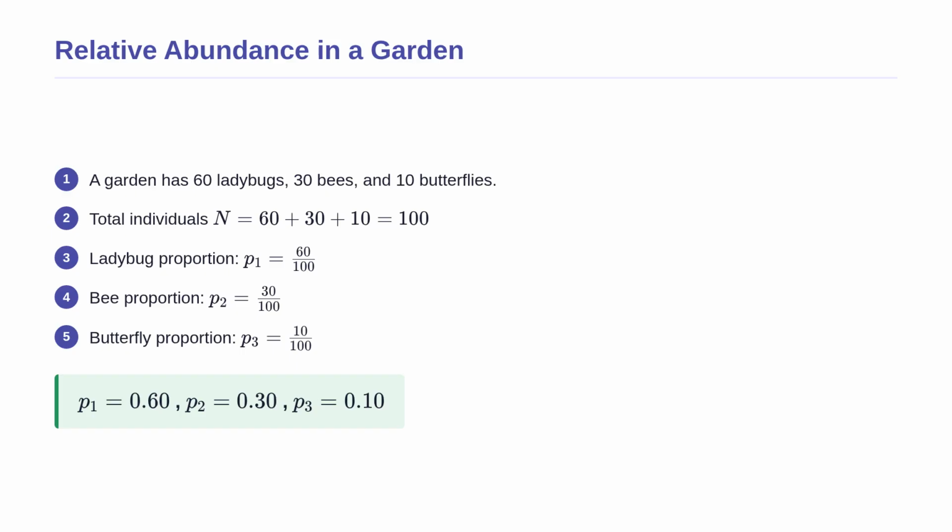First, we must find our denominator, capital N, by adding all the insects together. 60 plus 30 plus 10 gives us a total community size of 100. Now, we simply divide each species count by this total. For ladybugs, 60 divided by 100 gives 0.60. We do the same for bees to get 0.30, and for butterflies to get 0.10. These proportions tell us exactly how the population is distributed.